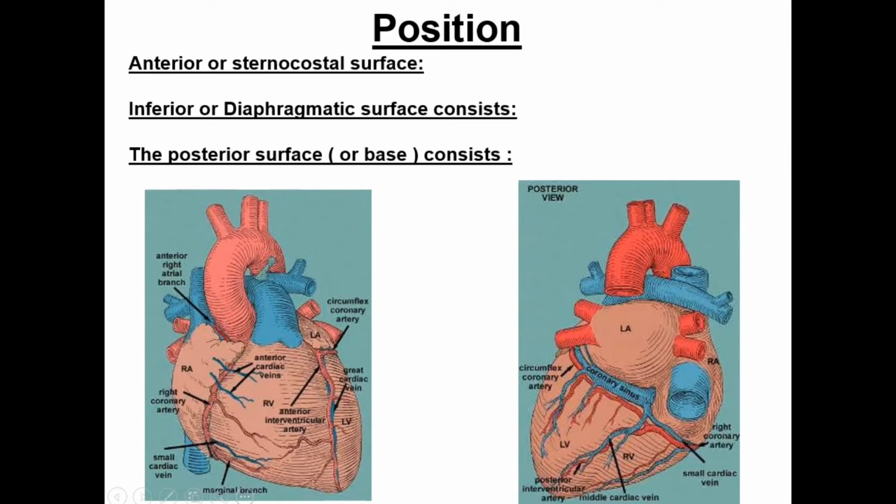The posterior surface or the base, this is the posterior surface. It consists of the left atrium. This is the left atrium, you can see here, receiving the four pulmonary veins. These are the pulmonary veins.